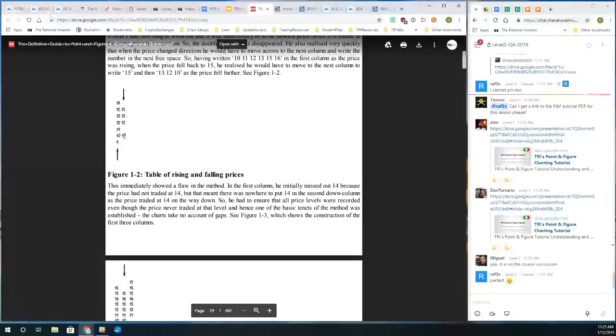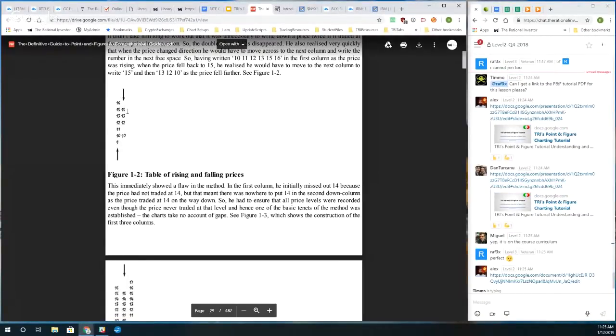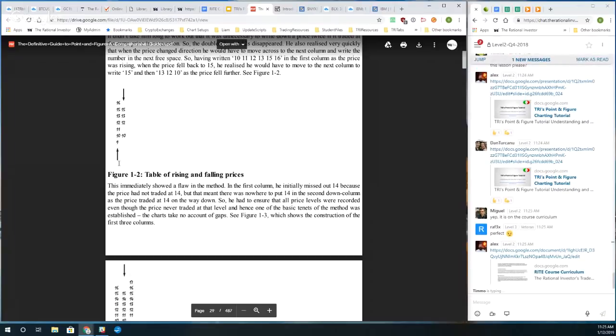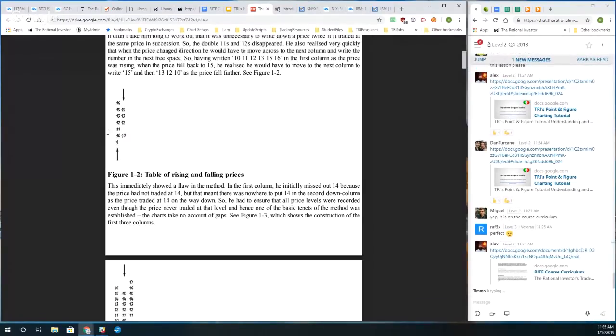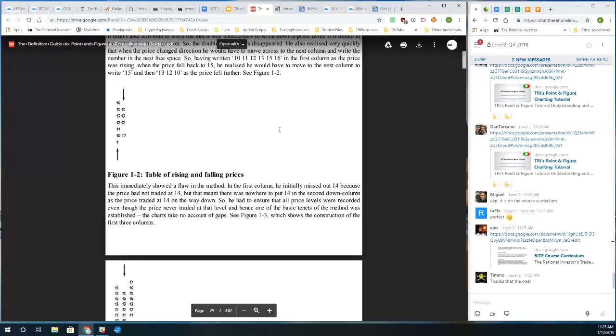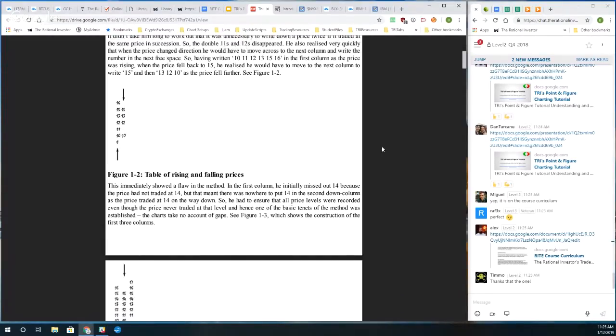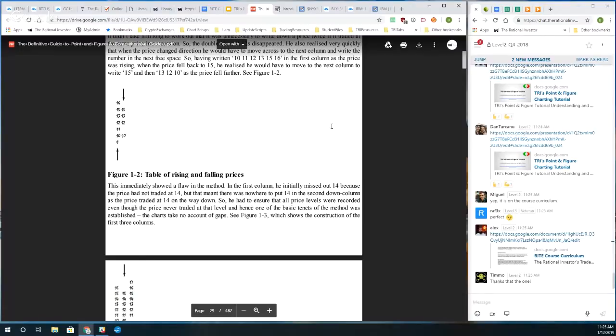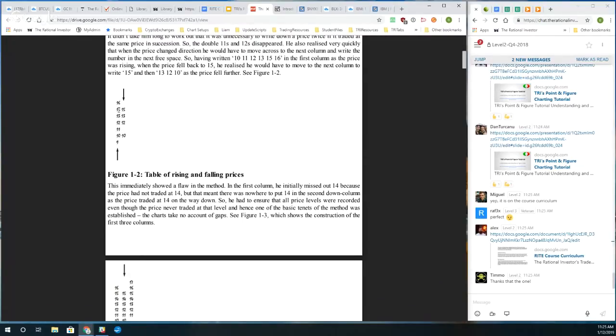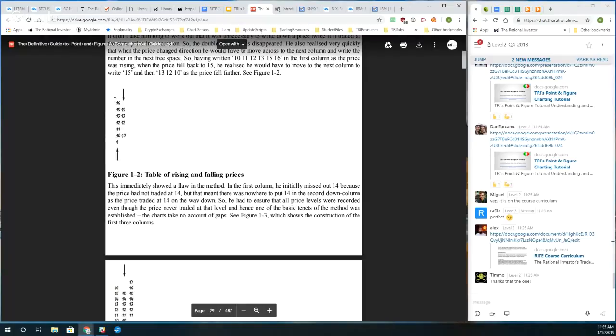Continuing on with our story, you actually had traders just simply write numbers in column fashion to try and keep track of stocks as they were moving. Instead of going horizontally, the way that we do, showing price movement over time, they would just simply plot in a single column. If the price was moving up, just keep moving up and keep writing a higher and higher number.